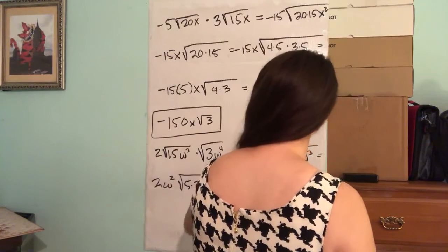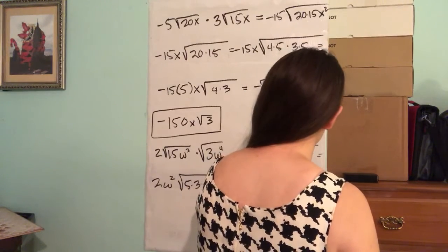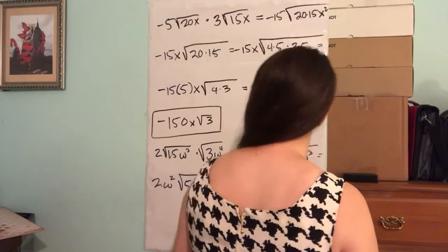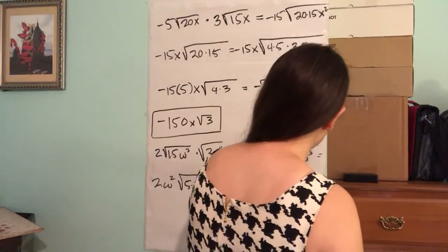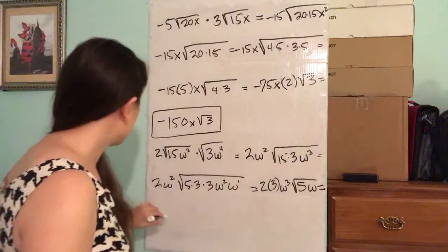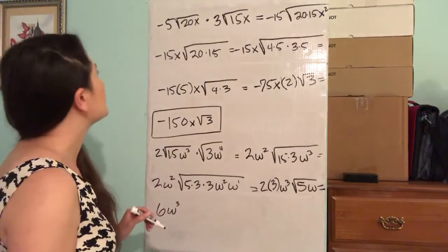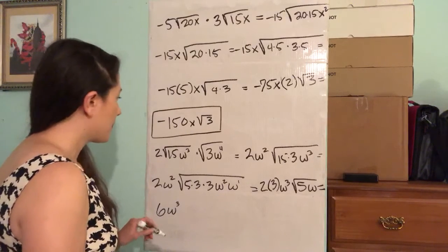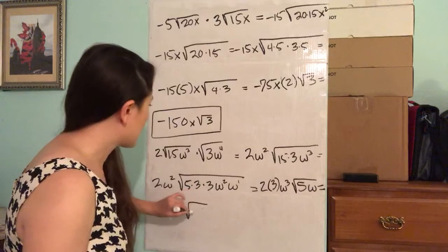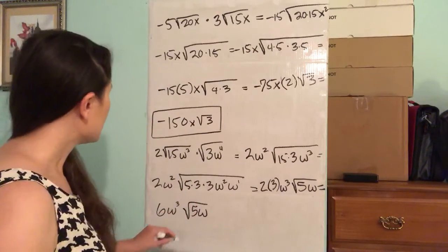And we're left with, underneath the square root sign, 5 times w. Okay? 2 times 3 is 6, so 6w to the third power times the square root of 5w. And that's it.